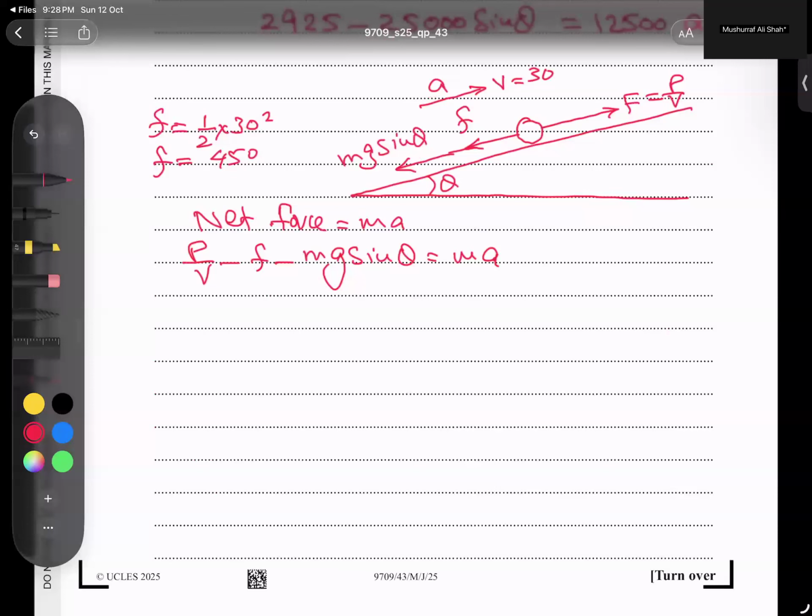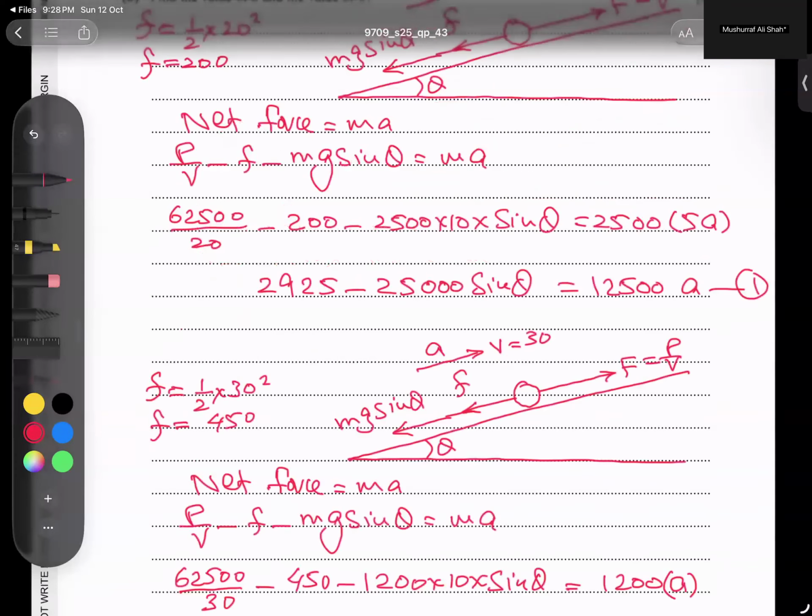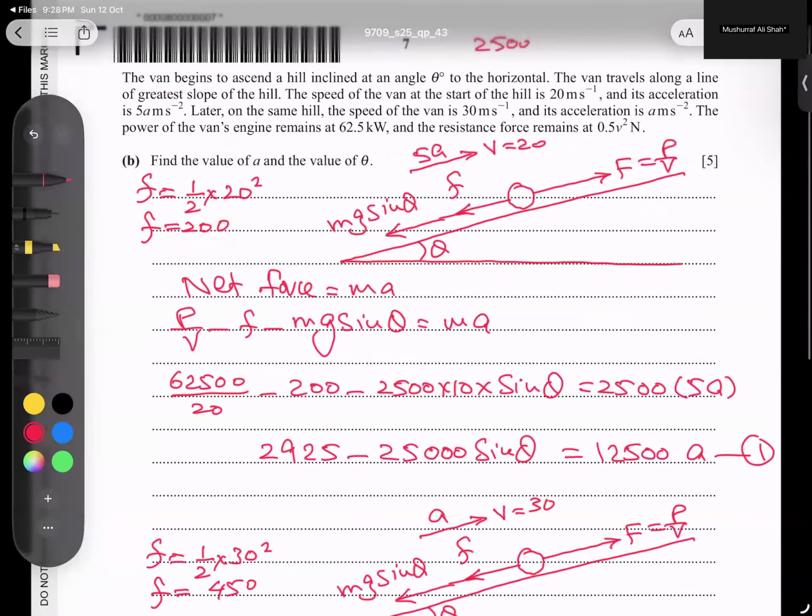Now I can apply the same situation. Let me check, is anything different? No difference. So 62500, speed is 30, friction 450, mass is 2500 into 10 into sine theta, mass again 2500, acceleration is a.